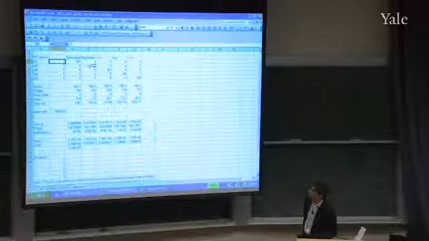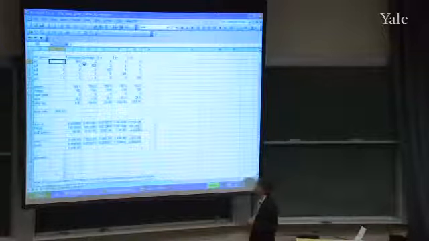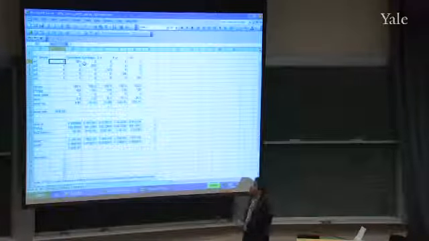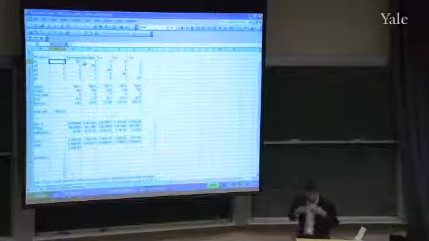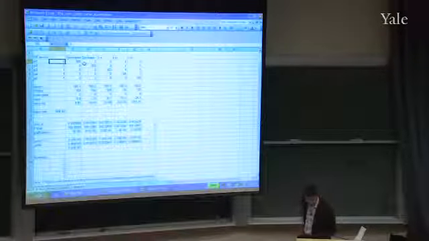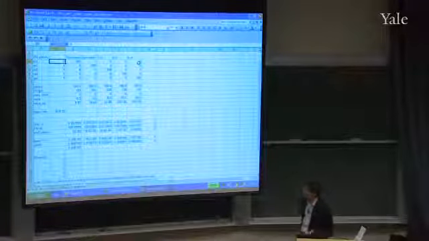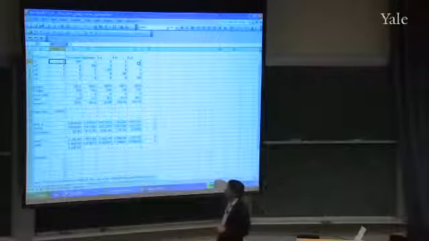Now the Treasury has to decide how much of these bonds they're going to sell, and they decide what coupon they're going to set. So let's say the coupon they set was $1 for the 1-year bond, $2 for the 2-year bond, $3 for the 3-year bond, $4 for the 4-year bond, $5 for the 5-year bond. It's easy to remember. That's why I chose those numbers.